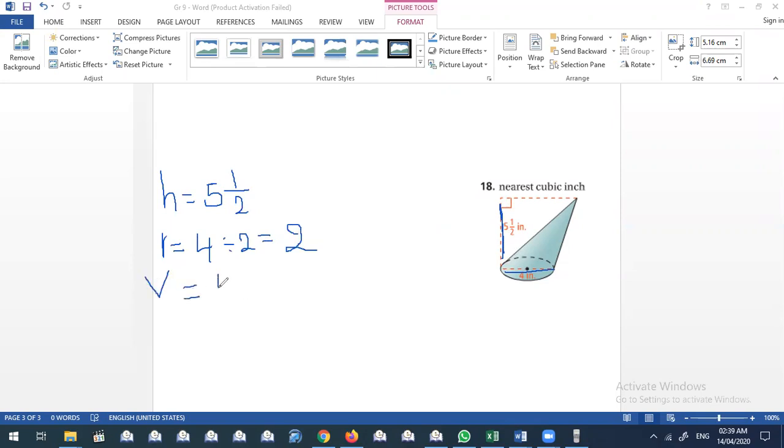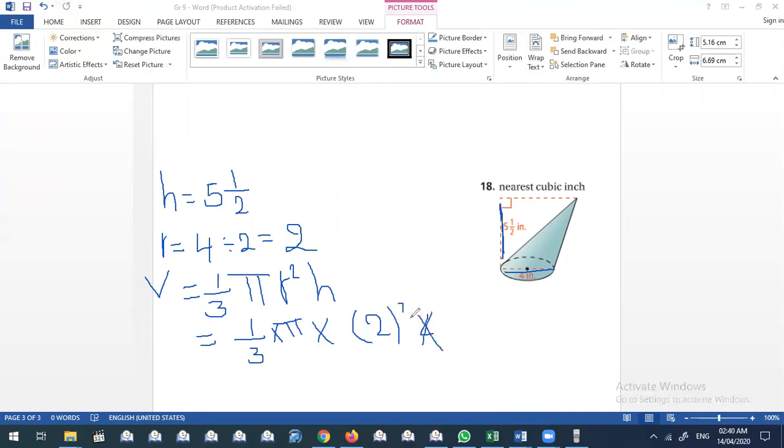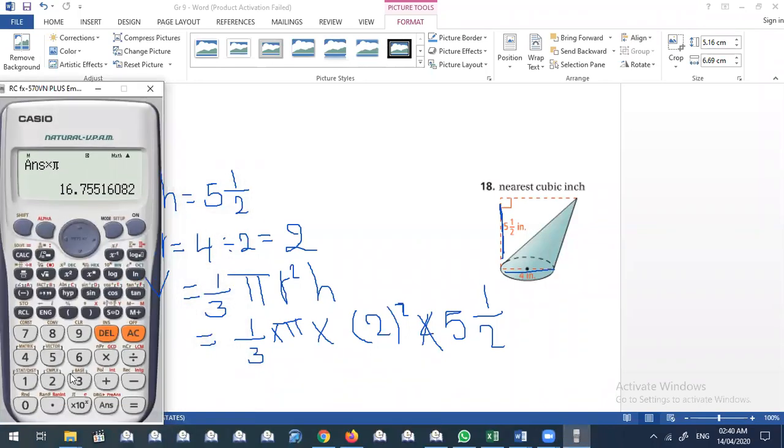Volume equals a third by pi r squared h, equals a third times pi times our radius 2 power 2 times our height 5.5.